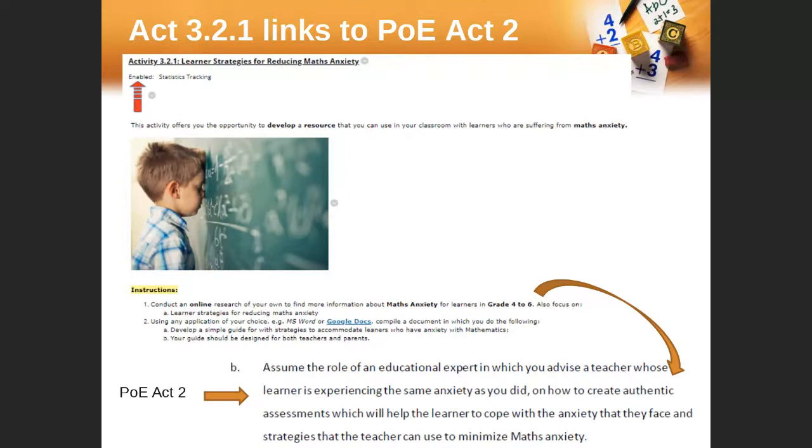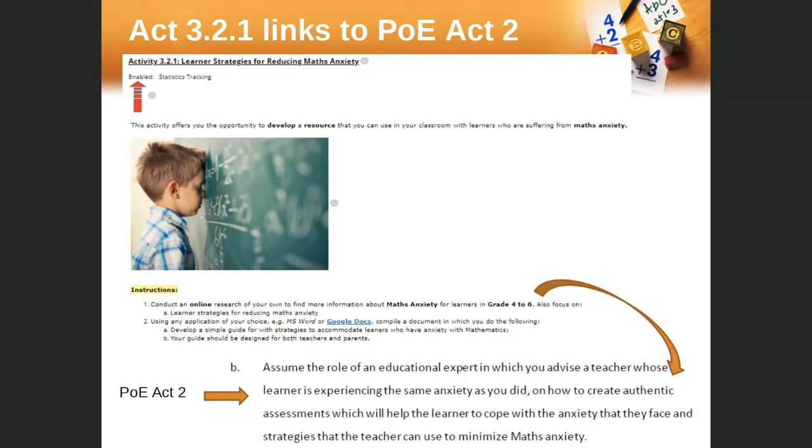So in this activity 3.2.1, you need to conduct an online research of your own to find more information about math anxiety for learners in grade 4 to 6, and then to focus on learner strategies for reducing math anxiety. In your POE, you need to also focus on teaching strategies to minimize math anxiety.